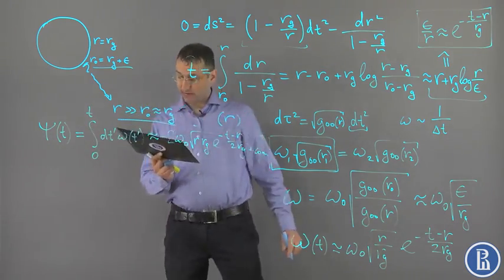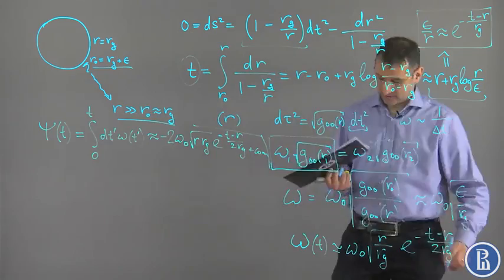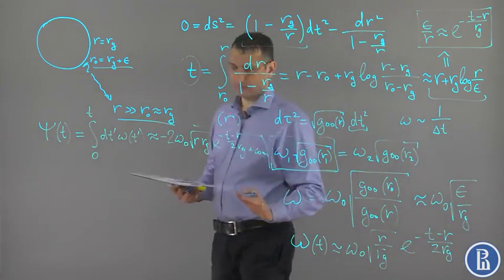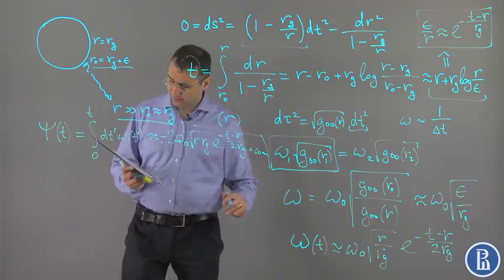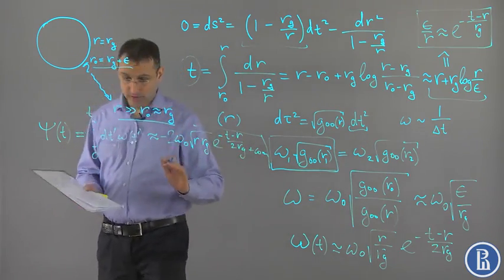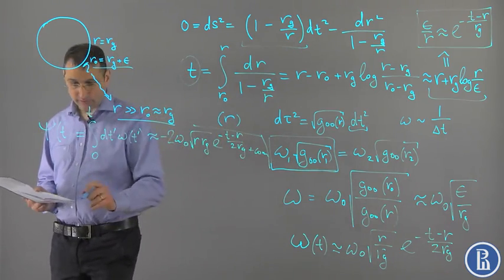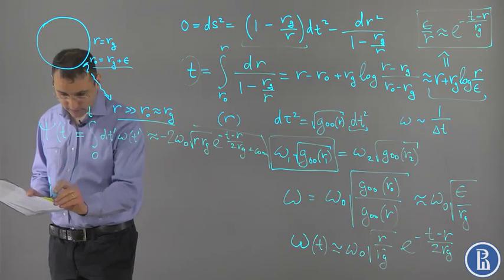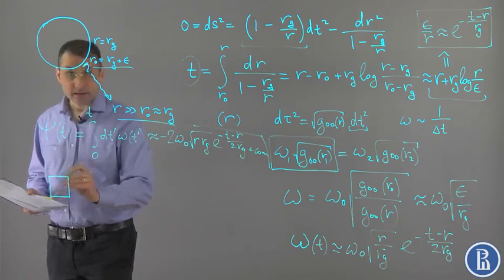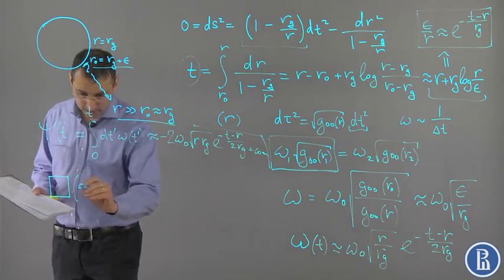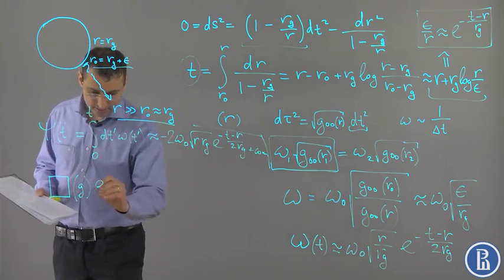So this is the behavior of the phase. So what did we obtain? Let me clarify. We basically obtained the following fact: a solution of the Maxwell equation for a wave packet in this gravitational potential is like this.